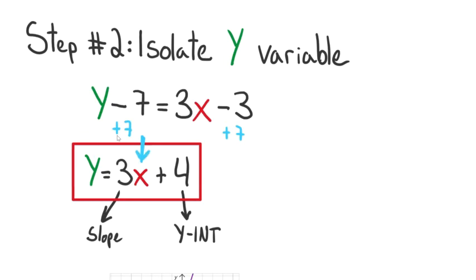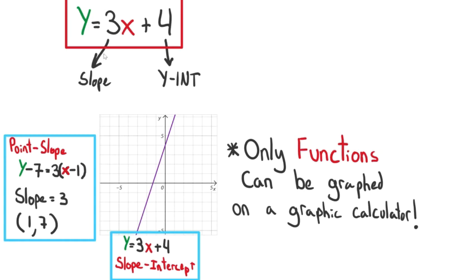This allows for us to graph it on a graphing calculator. Let us observe. As you can see, we have now graphed, because we have slope-intercept form of y equals 3x plus 4, and it's a function because you have an input x and an output y. We have graphed it on the graphing calculator.